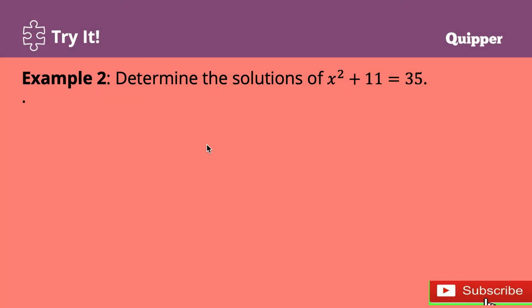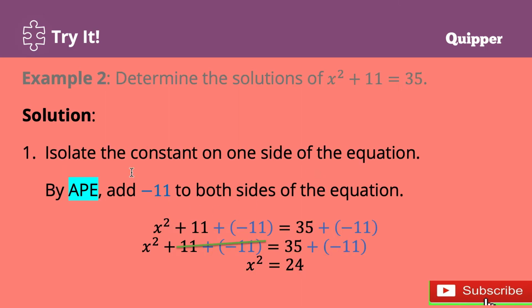Example number 2, determine the solutions of x squared plus 11 is equal to 35. Again, to determine the solutions of this quadratic equation, we need to follow these steps. First, isolate the constant term on one side of the equation, or we are going to separate the variable term and the constant term.